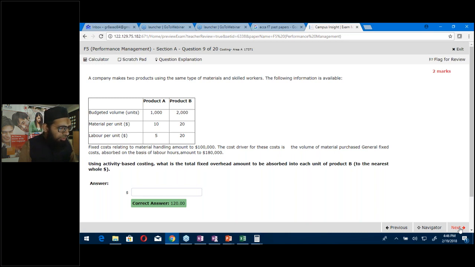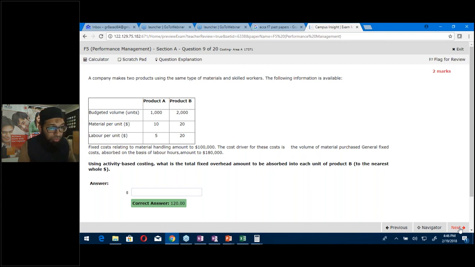Now please note this question. Because we have seen an example of the calculation of activity-based costing, this is your home assignment that you will do yourself.